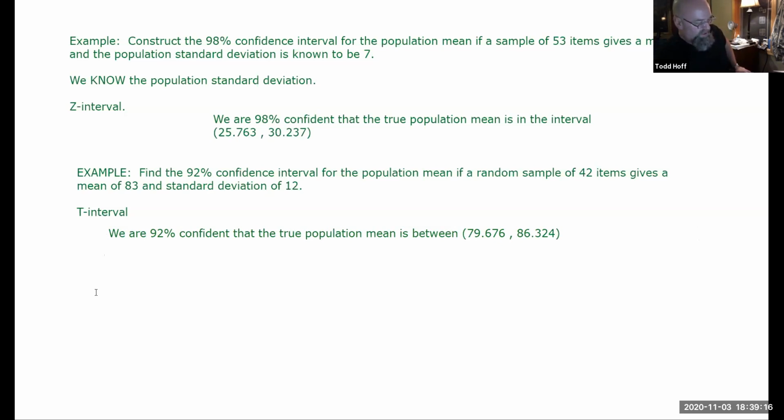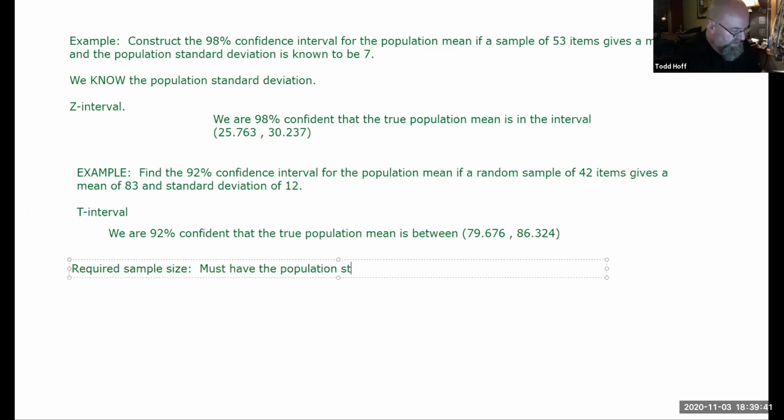Now, similar to the population proportion, there is a required sample size calculation. For required sample size, we must have the population standard deviation, or an estimate of it at least to use. So let's take a look here.